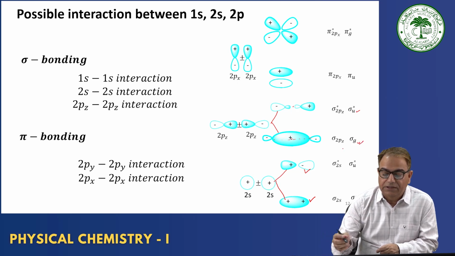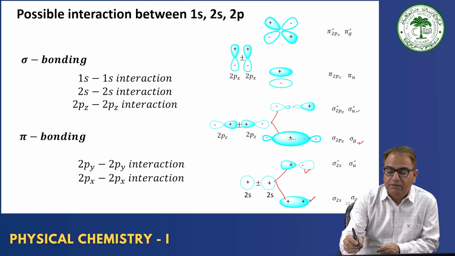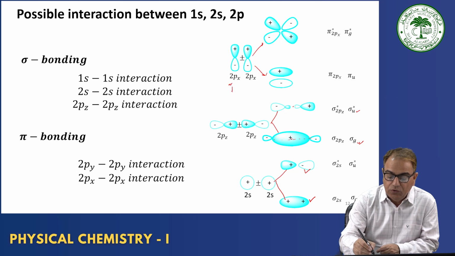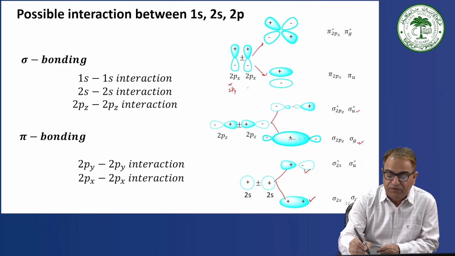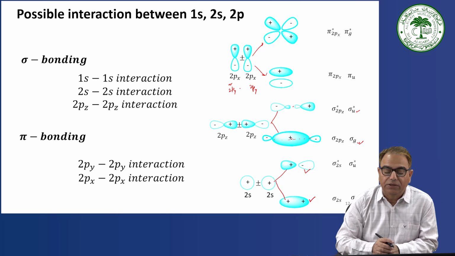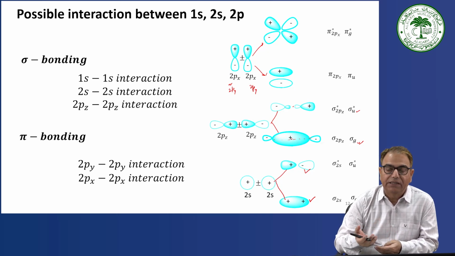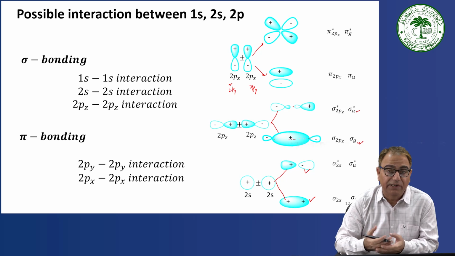This comes from the combination of 2px and 2px, or 2py and 2py. Both will give you the same condition, because one will be along the x axis and another along the y axis, but both will be perpendicular to the molecular axis. We are talking about diatomic molecules.